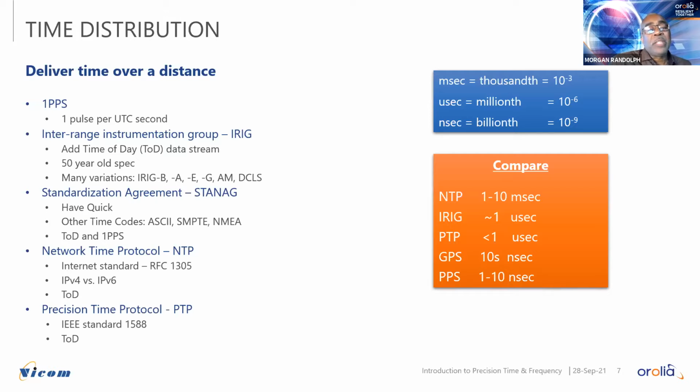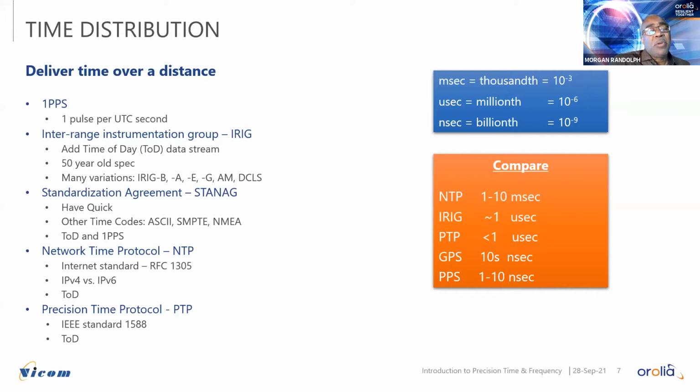It's a 50-year-old spec, so it's been around forever, and there are a lot of variations of it. You've got STANAG, the standardization agreement, mostly used in Europe. You have HaveQuick, and other time codes like ASCII, NMEA, time of day, and the PPS, all provided through the STANAG cards. We have all of those cards available within the SecureSync units.